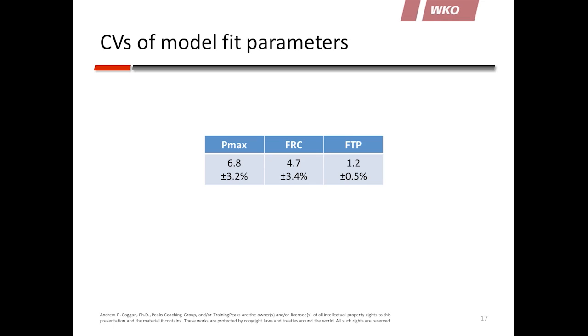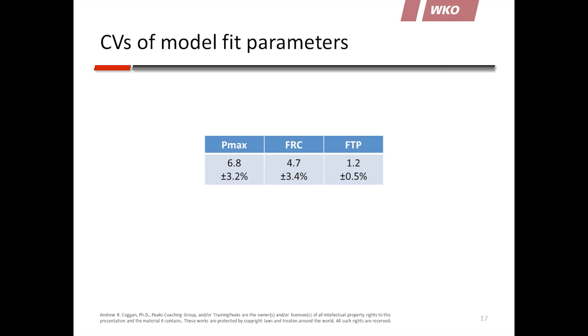If a model is over-parameterized, that is, if you're using more than one thing to represent what is really just one thing, then your CVs of your model fit parameters tend to be very large, because it only takes a tiny little change in one to compensate for a change in the other. And when the iterative curve fitting procedure is trying to find the combination of numbers that best explains the experimental data, it turns out that there's a large number of combinations that do almost equally as good a job of explaining the results.